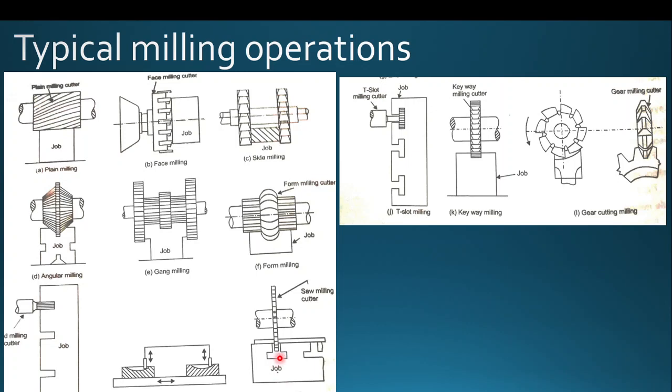And saw milling is splitting the metal plate into two or a number of parts by simply cutting off using the saw milling cutter. And T-slot milling, as the appearance resembles, can be used to machine tables of planer and shaper machines in order to provide T-slots. And keyway milling is just to perform the keyways in the job by using a keyway milling cutter.